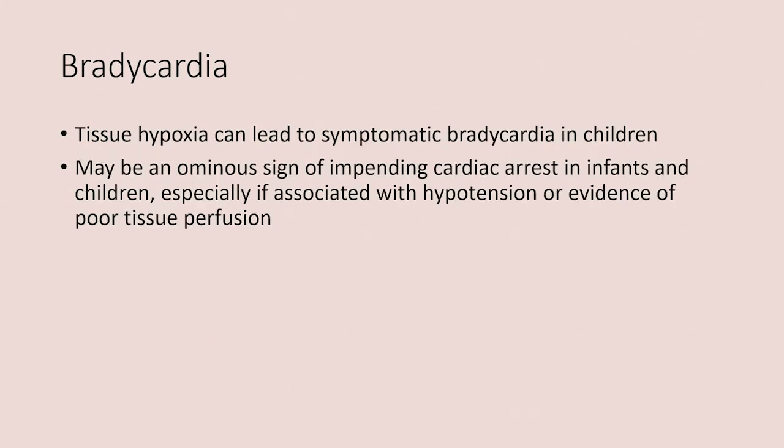So for bradycardia, we have to be very careful because tissue hypoxia can lead to symptomatic bradycardia in children. And a child becoming bradycardic may be an ominous sign of impending cardiac arrest, especially in smaller infants and children. And if that is associated with hypotension or poor tissue perfusion, then we need to be extra careful.